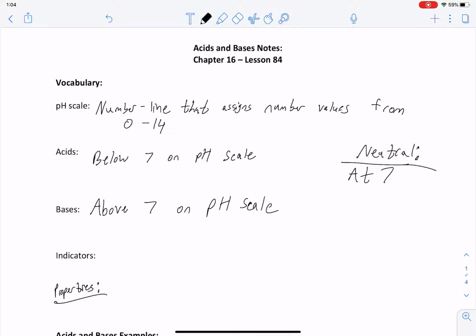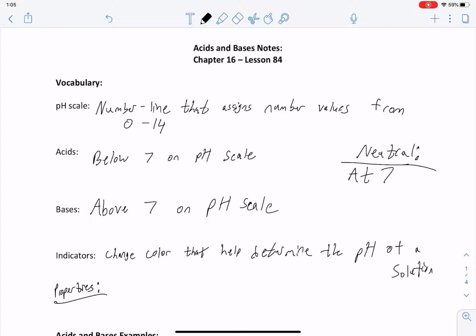Okay. And so we often have these things called indicators, and indicators are usually pieces of paper that change color that help determine the pH of a solution.